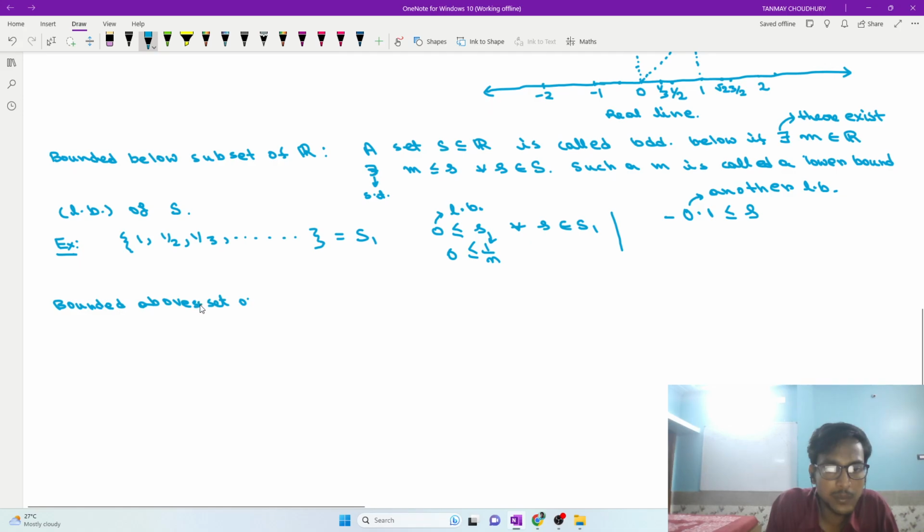Or bounded above subset of R. So what is a bounded above subset of R?